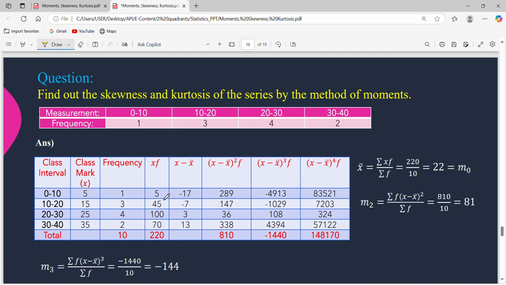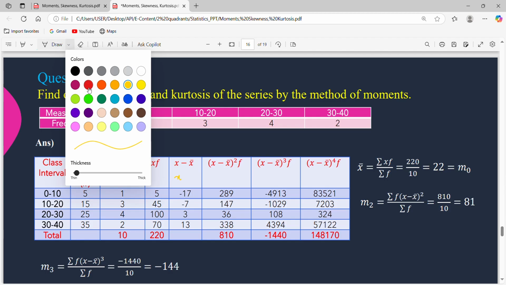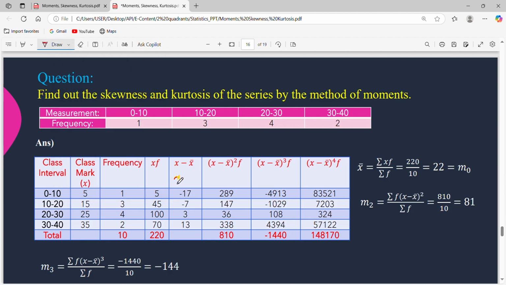The next column is x minus x bar. If you write it here, it will be better. Just 1 minute. So x minus 22, then x minus 22 square into f, then x minus 22 cube into f, and x minus 22 to the power 4 into f.